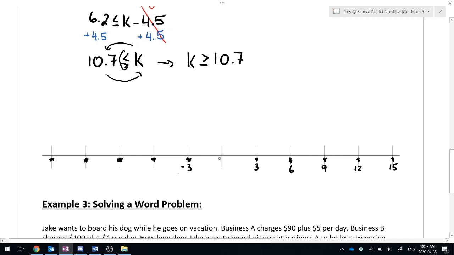Negative 3, negative 6, negative 9, negative 12, negative 15. So 10.7, well, that's going to be somewhere here, right? So let's say that's about 10.7 right there. It's greater than or equal to, so that's going to be a closed dot. And, well, again, it's greater than, so we're going to be heading that way. Okay?